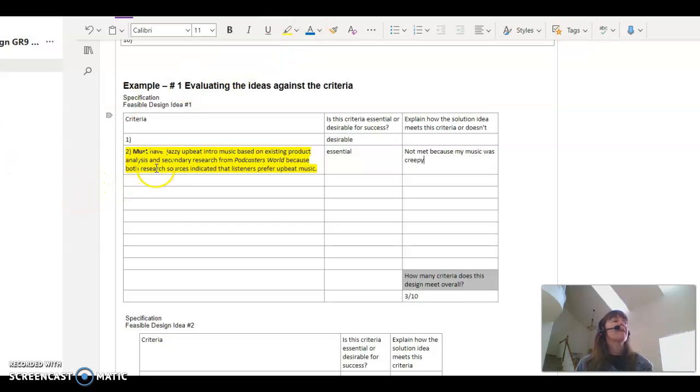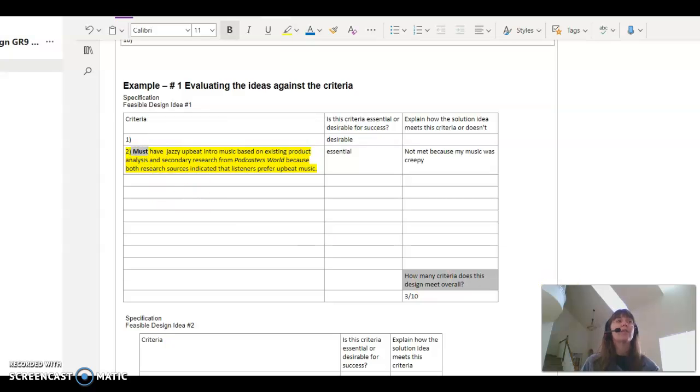For instance, my example here has my second criteria, must have jazzy intro music based on existing product analysis and secondary research from Podcasters World, because both research sources indicated that the listeners prefer upbeat music. So you can see here I followed the formula.